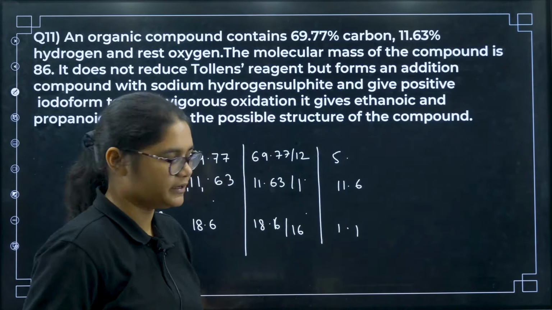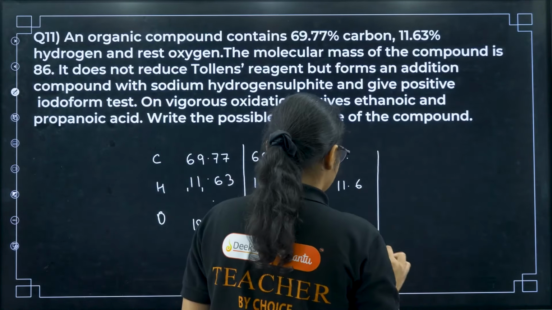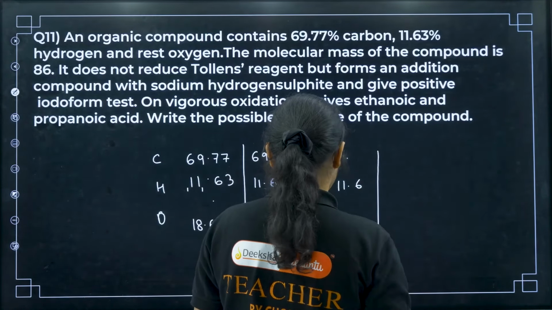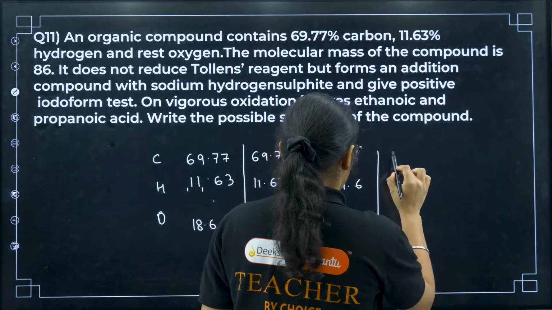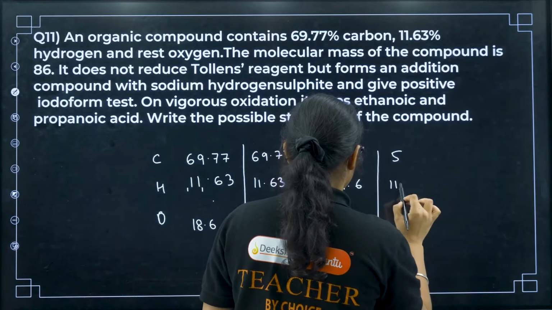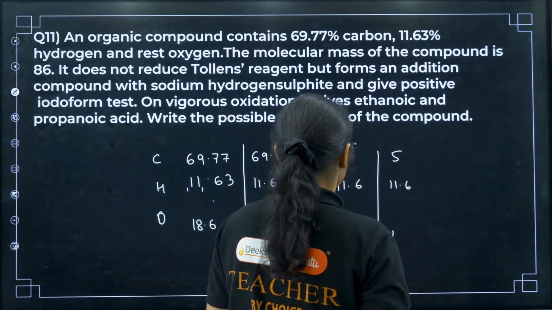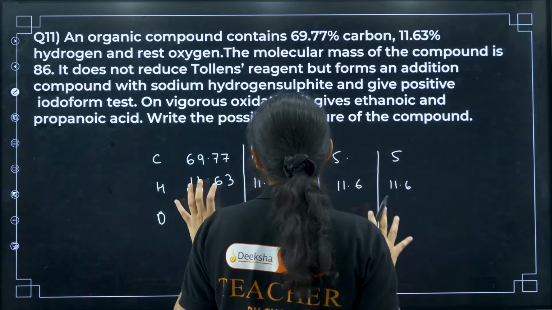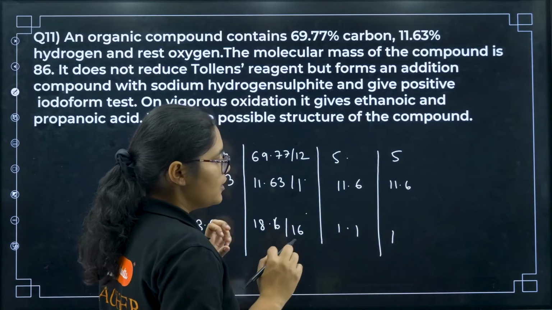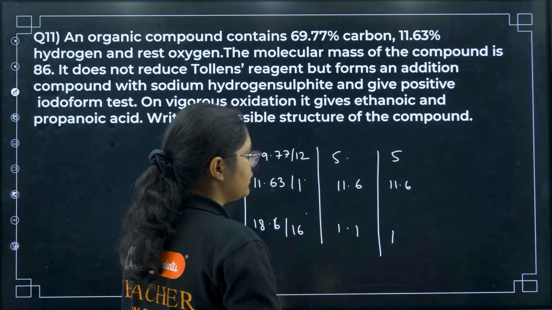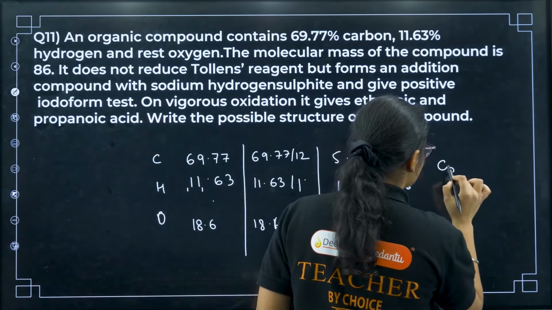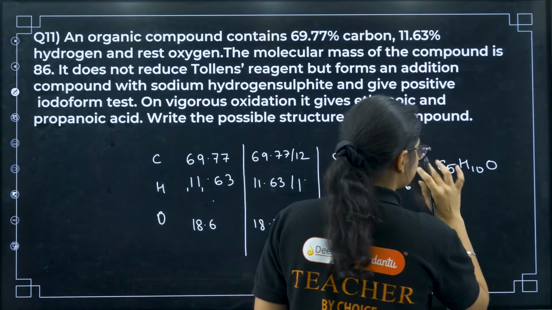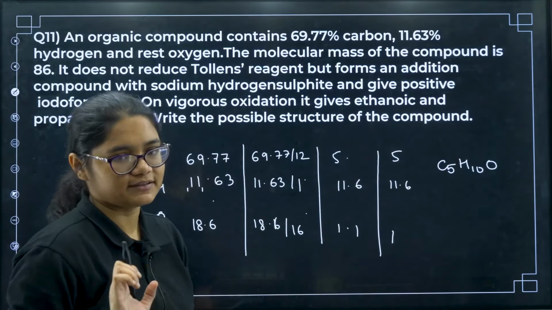The lowest number should be divided, so I will get 5, 11.6 and 1. If you calculate and find the empirical formula, you will get C5H10O. Please do the calculation and check.